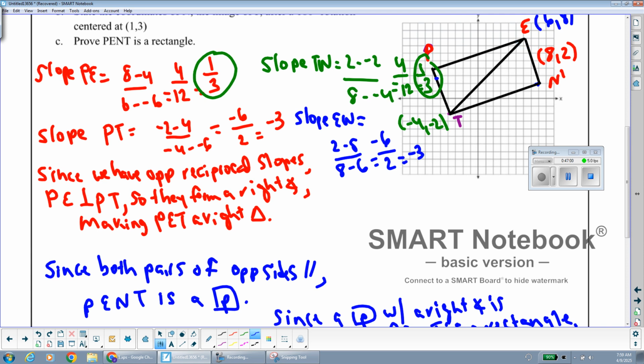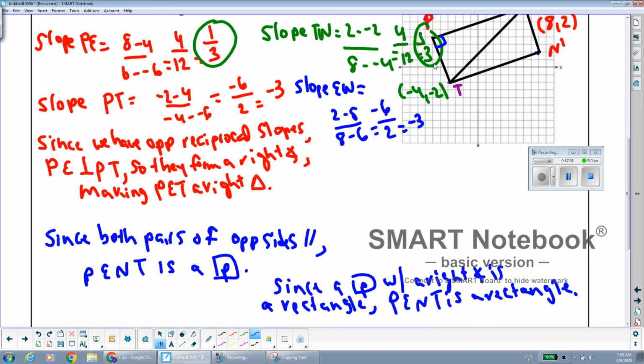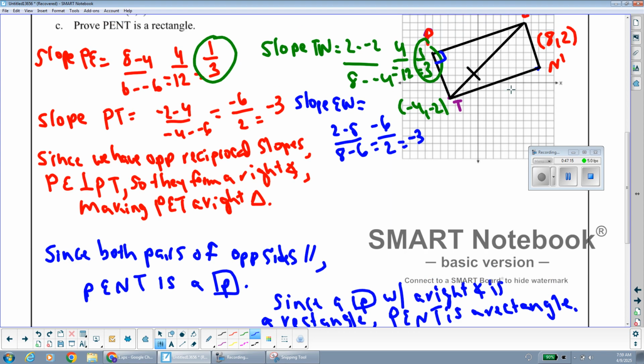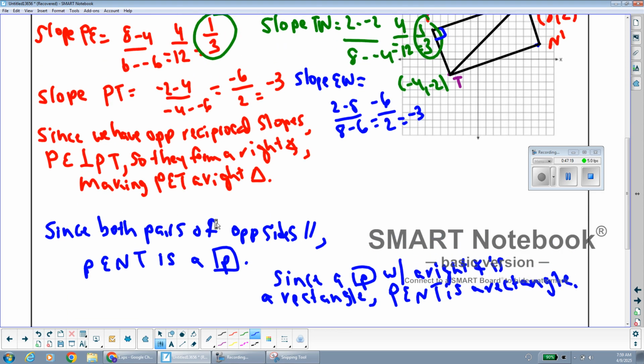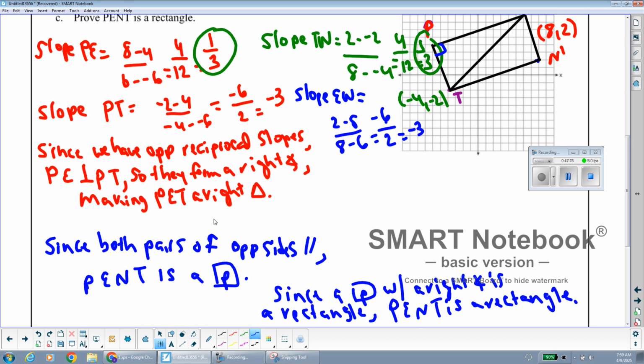As long as we show the presence of one right angle in our parallelogram, we know it's a rectangle, because opposite angles are congruent in a parallelogram, and consecutive angles are supplementary, so all of them would have to be right angles if we know this is a parallelogram, which we do because we just proved it by showing opposite sides are parallel. So we showed opposite sides are parallel to prove the parallelogram, and the presence of a right angle to show it's a rectangle.